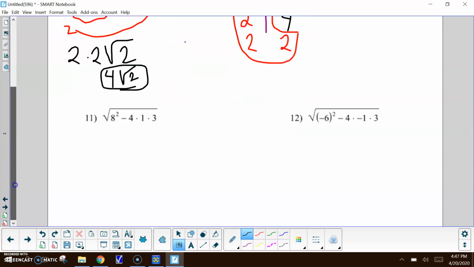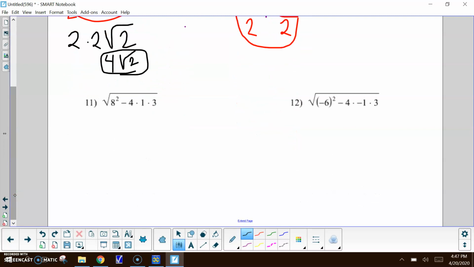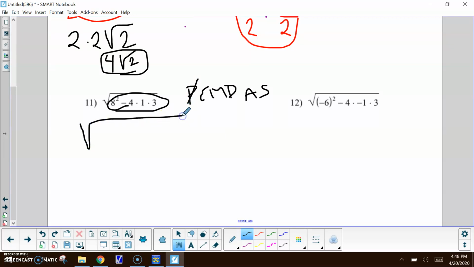The ones down here, just remember you are going to do PEMDAS inside the radical. Okay, so you're simplifying, but I want to simplify this expression first. So I'm going to go through PEMDAS, so parentheses, there is exponents, so inside the radical I have 8 squared, so I have 64.